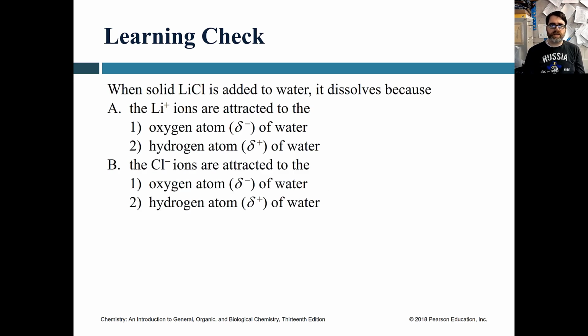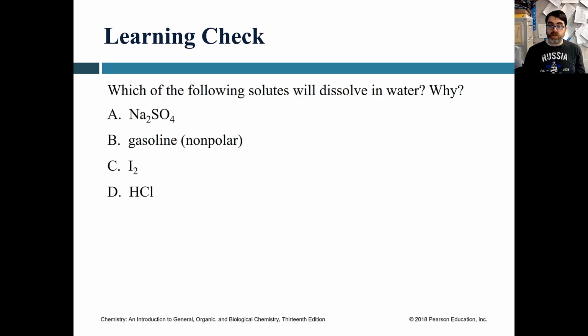Solid lithium chloride is added to water and dissolves because the lithium ions, the positively charged ions, are attracted to the negative charge. Remember, opposites attract. And then the negative chloride ions would be attracted to the hydrogen atoms in the water. Without solubility rules here, it is still possible to do basic predictions of whether something will dissolve or not. This here is ionic, and things that are ionic will dissolve.